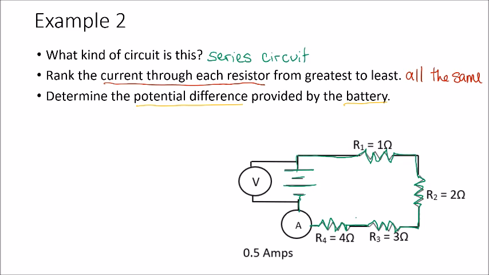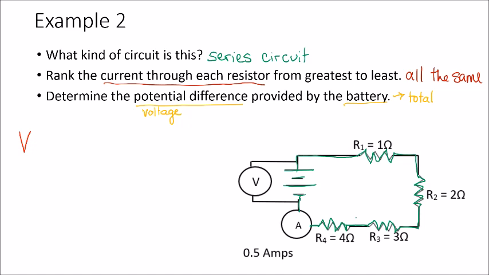For this one, again, we need to remember that potential difference is another word for voltage. And in this case, whenever we see battery or the entire circuit, that's a hint to tell us about the totals. So we're looking for the total voltage for the circuit.